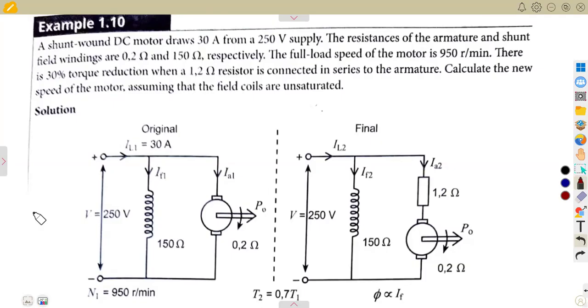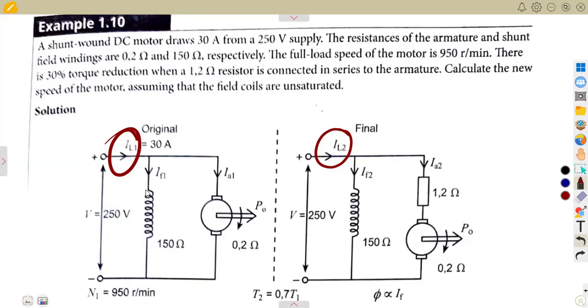Then when it is at the final condition, there are so many things that will change. One, the current that is being drawn from the supply will change from current I1 to current I2.